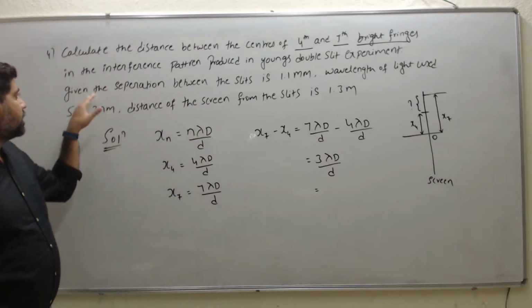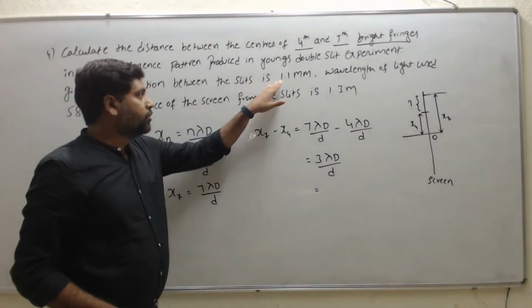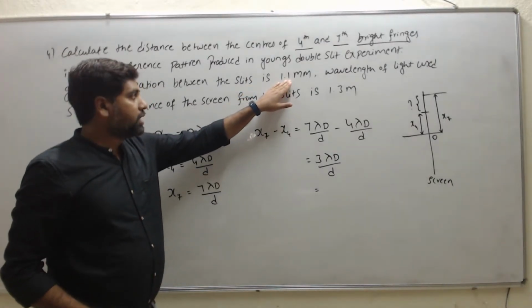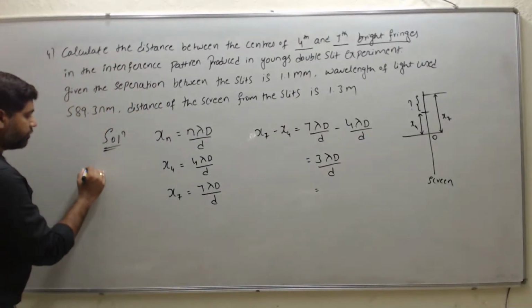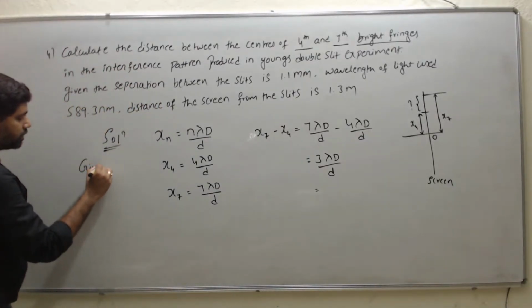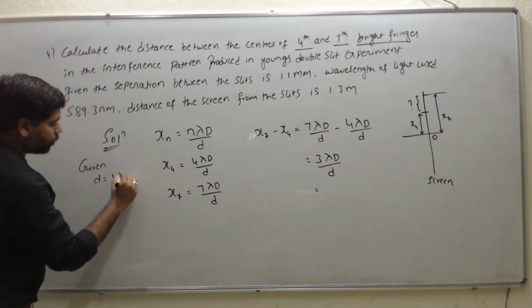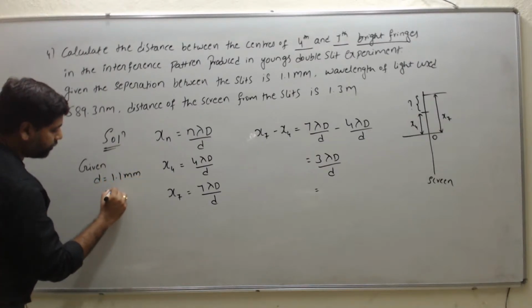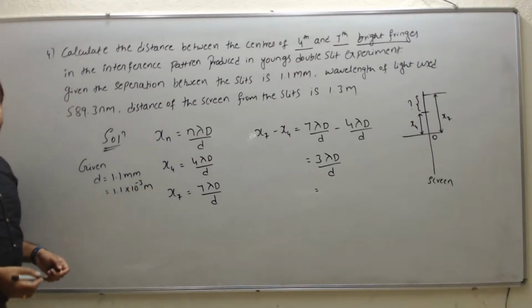In the question they gave the separation between the slits, that is small d, 1.1 millimeter. If you write it, it is 1.1 into 10 to the power of minus 3 meter.